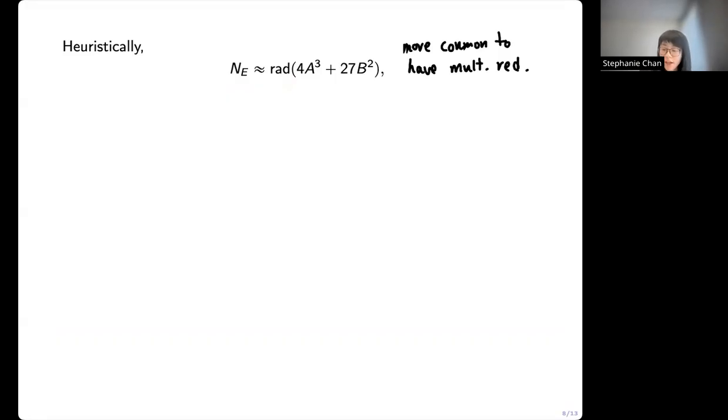On the other hand, the minimal discriminant, up to some constant, is just the value of the polynomial 4a^3 plus 27b^2. And this is a square-free polynomial. There's no square factor if we try to factorize it.